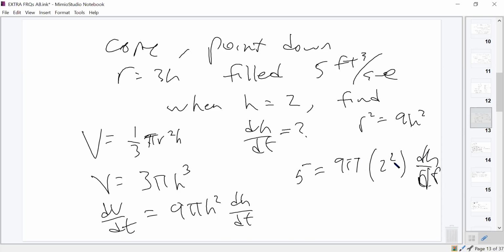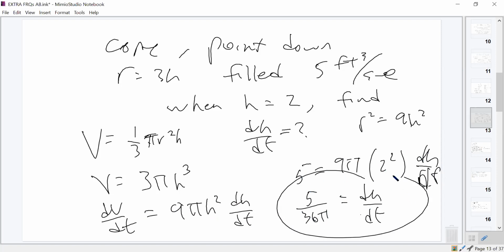So what is that? 36 there, 36 pi, so 5 over 36 pi. That make sense? Yeah. Units would be feet per second. Cool. Everybody's good with that? Somebody else just asked me.